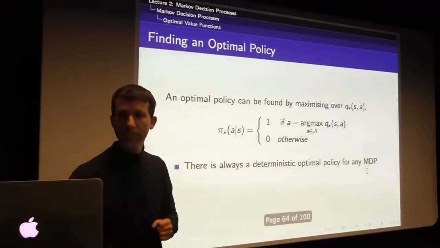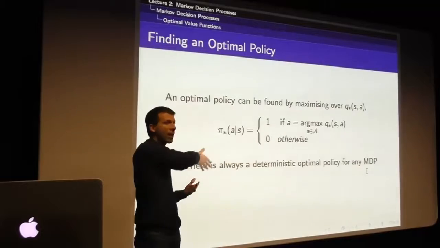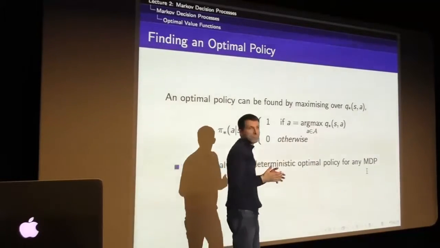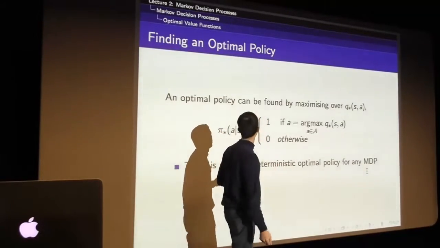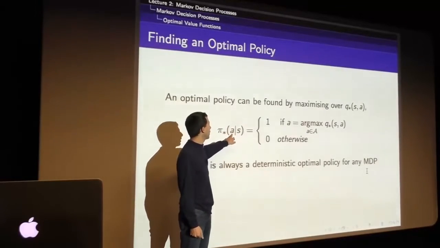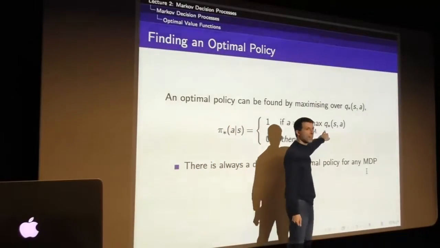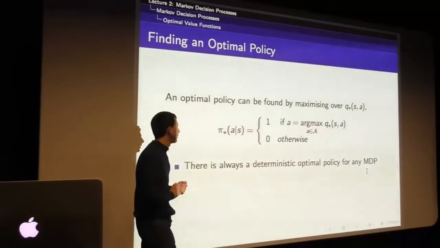Okay. So how do we find this thing? Well, we've already seen this intuitively, so this is just writing it down in equations. All we need is to solve for Q star, and then you pick the action that gives you the most Q star. So in every state S, you just pick the action A with probability 1 that maximizes Q star, and that is the action that will give you maximum possible reward.